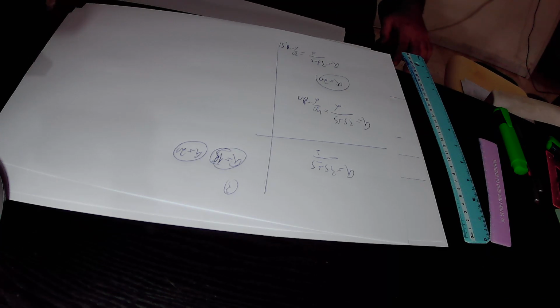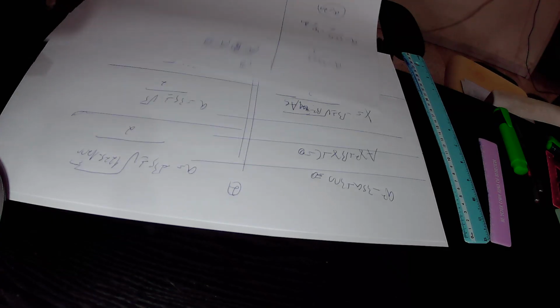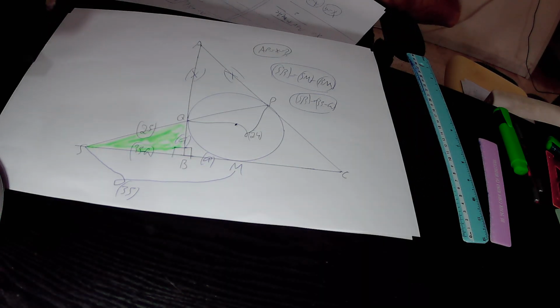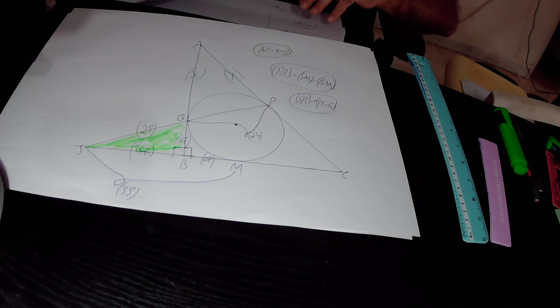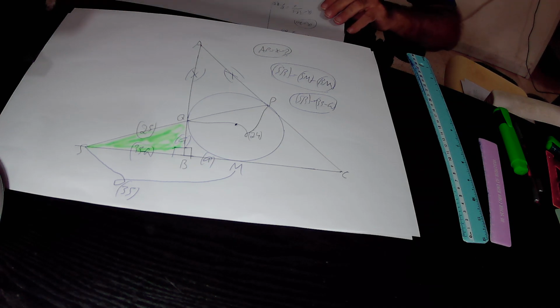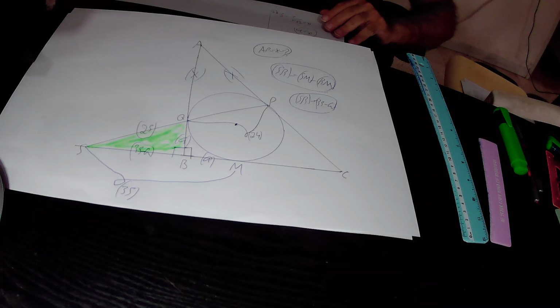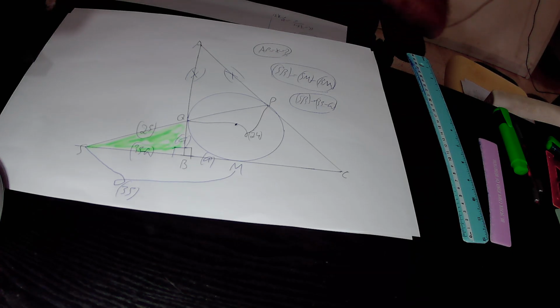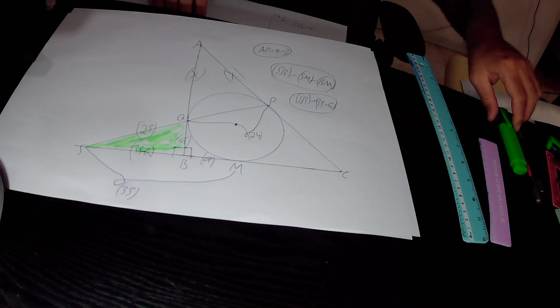In the next step, we do a construction. But before that, we have here a triangle AQP.